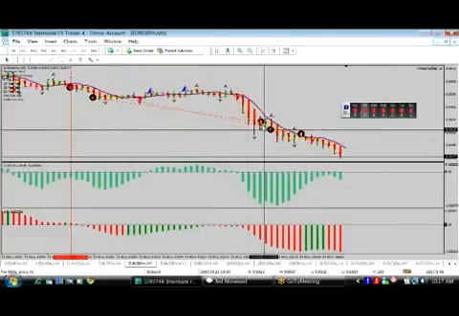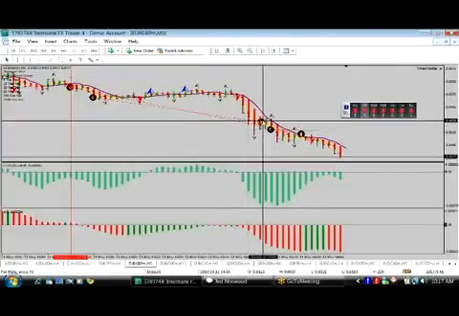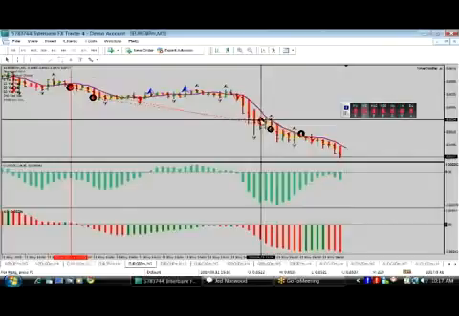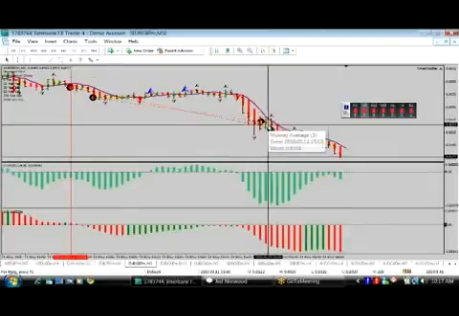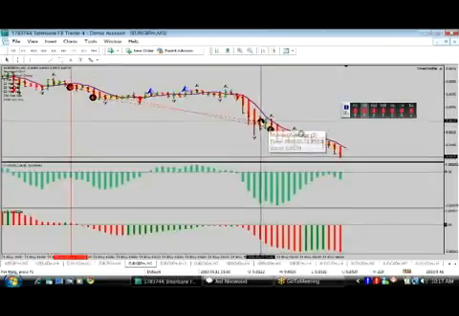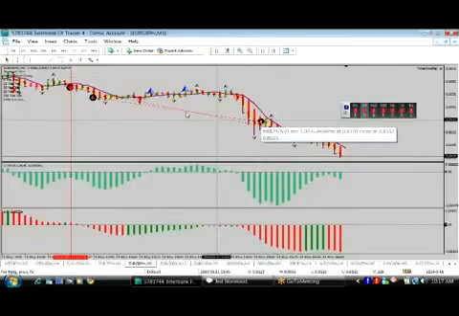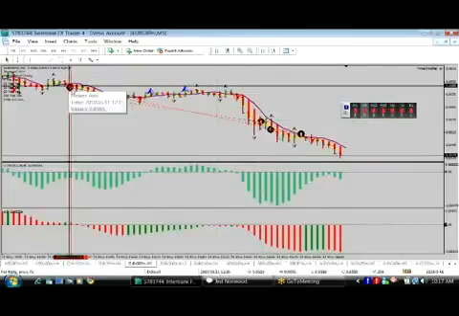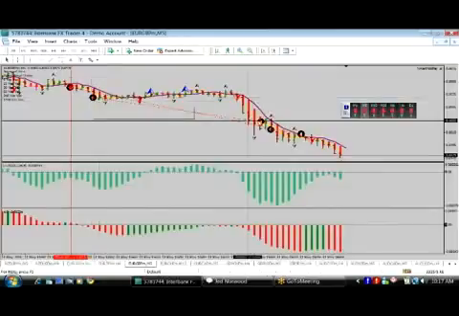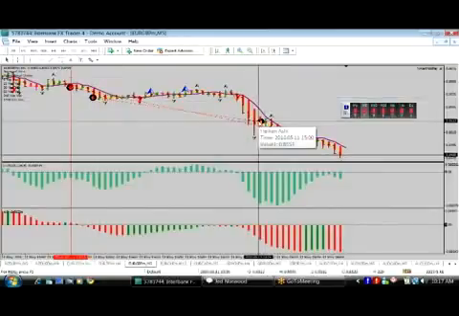Now let's look at the exits. The reason I exited here, I got an exit signal because one of my hotlines went flat. So it appeared that these two hotlines were converging on one another. So I went ahead and exited here. I left the initial trade on, but I exited my add-on.